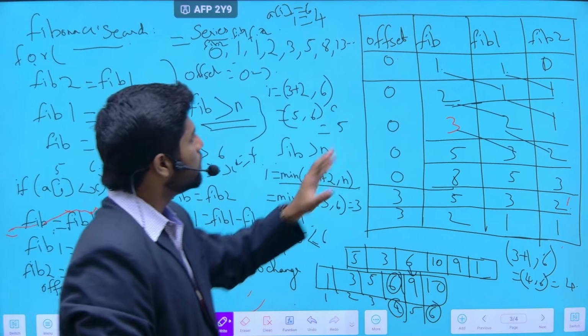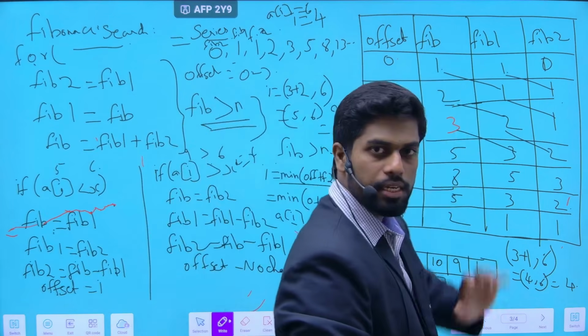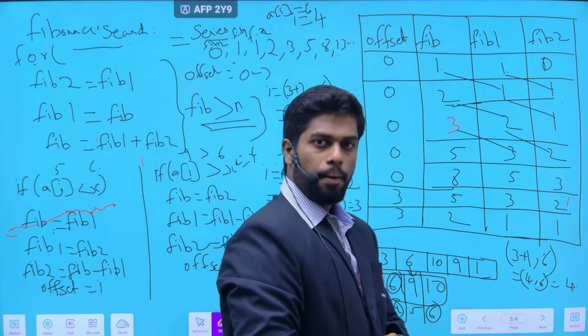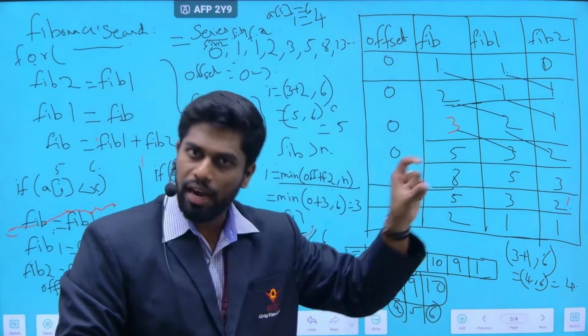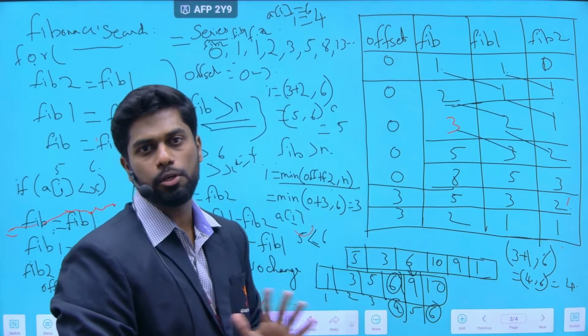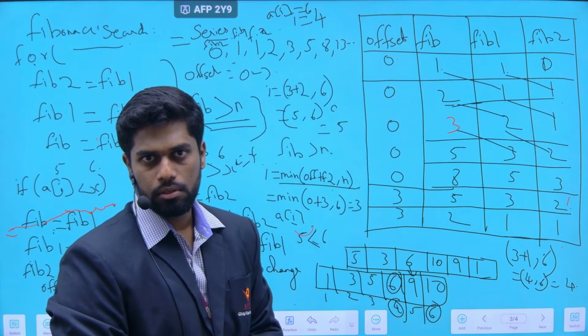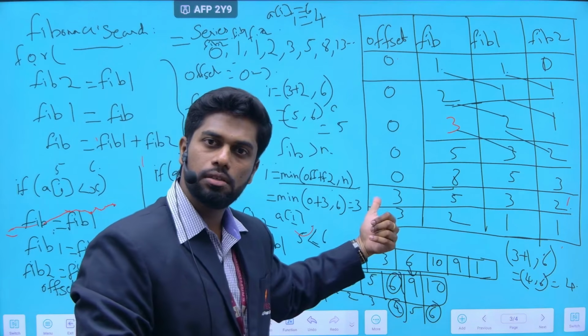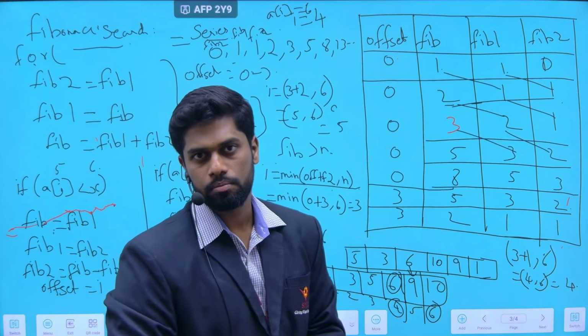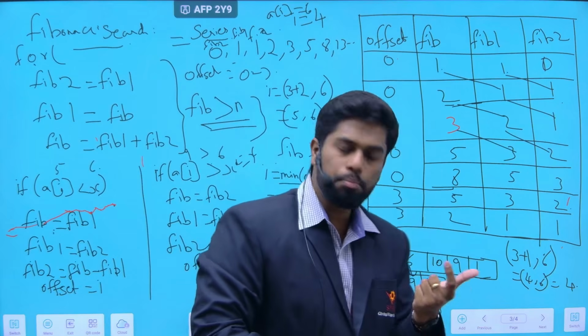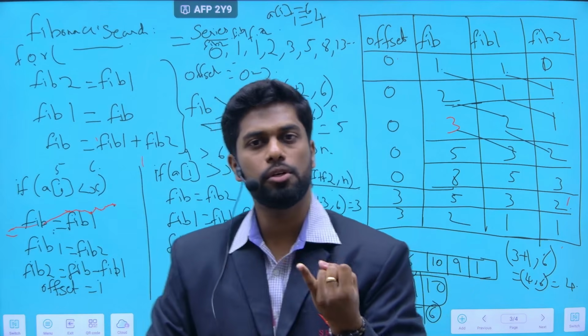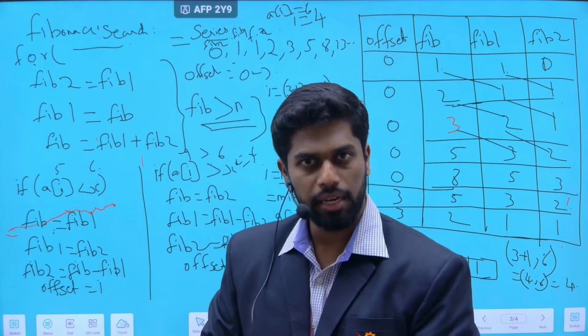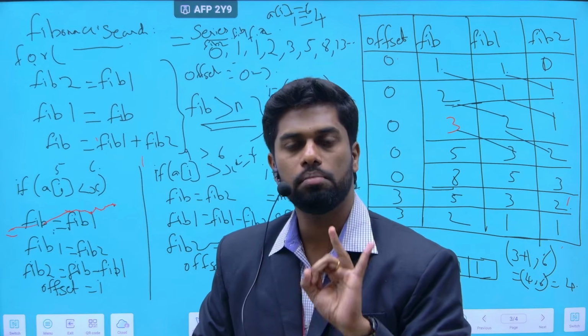So this is what your Fibonacci search is. Sequential search, binary search, and Fibonacci search. After sorting, we are going to search for an element. The key point for Fibonacci search and binary search is that the array must be sorted.